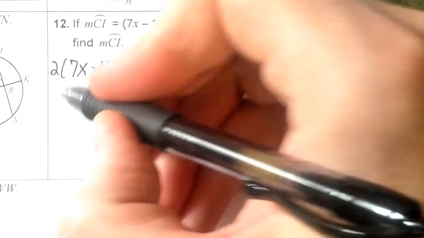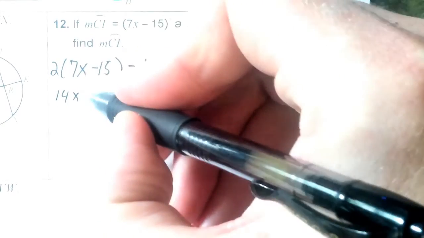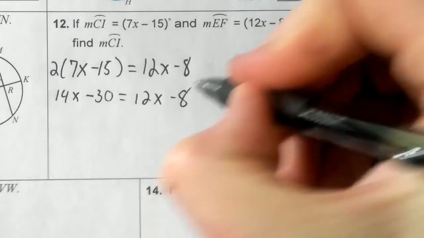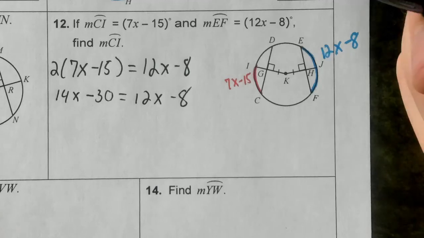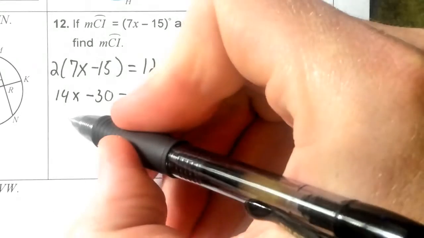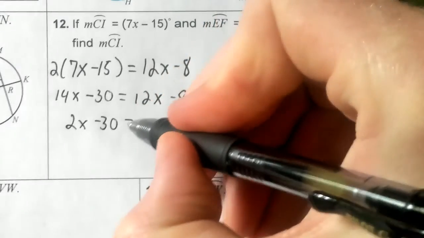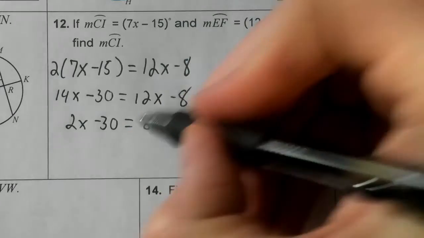Okay, so we can do this a couple ways. If you distribute here, this would be 14x minus 30 equals 12x minus 8. We can subtract 12x from both sides, so I'll have 2x minus 30 equals negative 8.